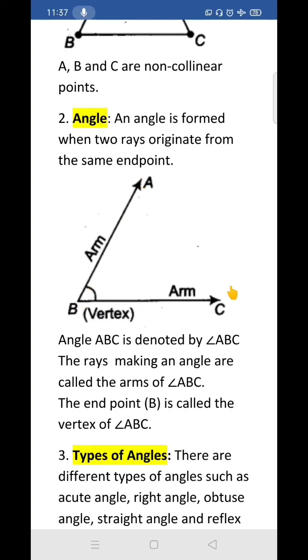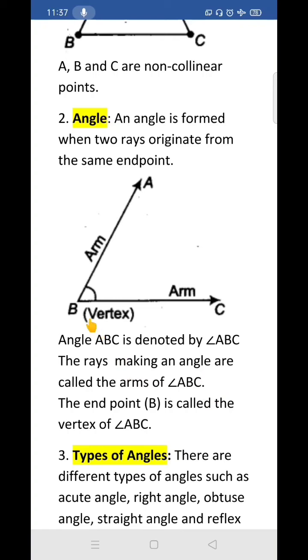The rays which make an angle are called arms of angle ABC. Here you can see this one and this one are the arms of angle ABC, because these rays are making the angle.